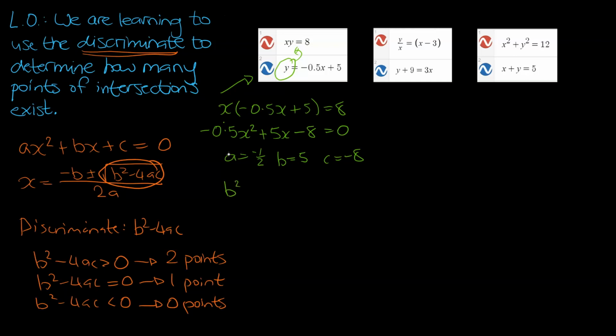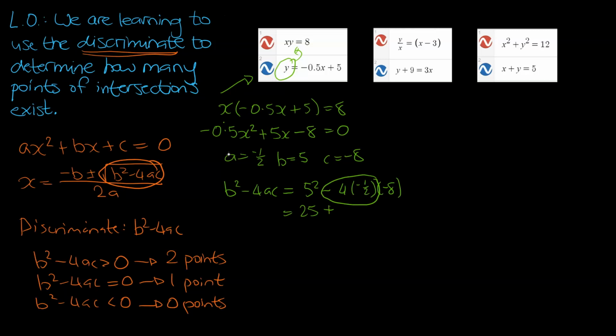So the discriminant is equal to b squared minus 4ac. In our case, that is going to be equal to 5 squared minus 4 times negative 1/2 times negative 8. When we simplify that, that's going to be 25 minus, so negative 4 times 1/2 is negative 2.